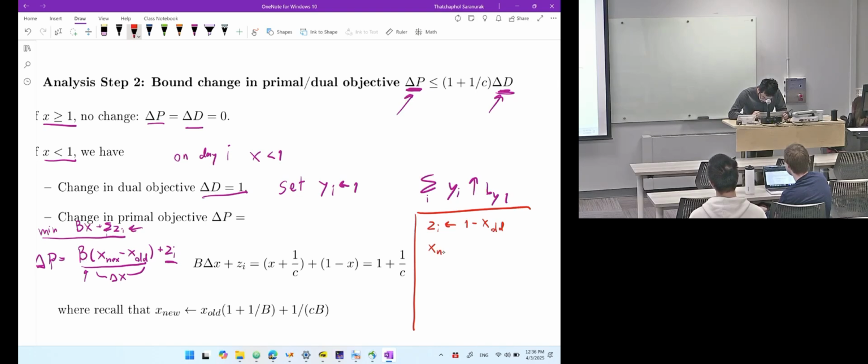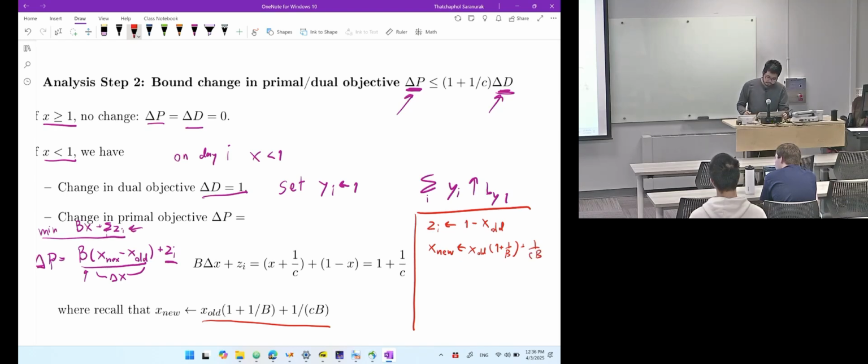Then x new is set to be x old times 1 plus 1 over b, plus the increment.